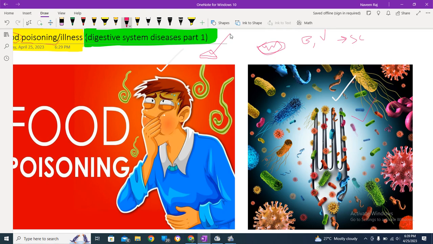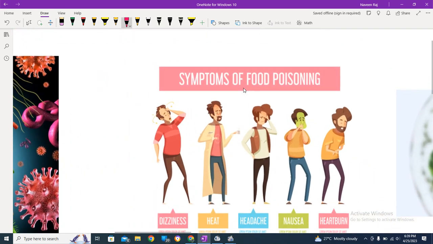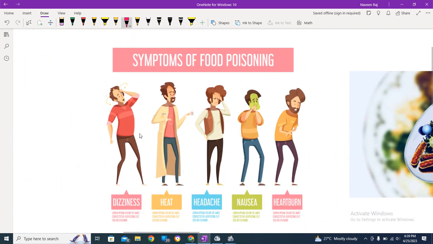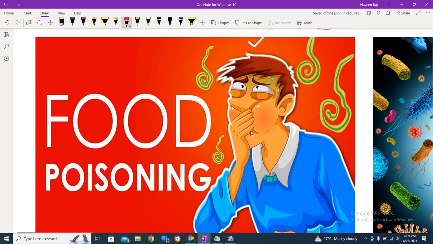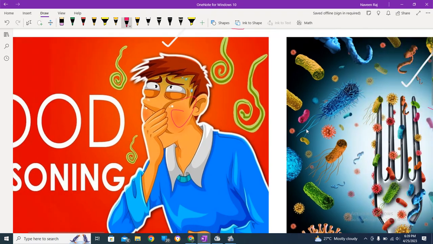Now we are looking into the treatment and the symptoms as well. Let's move forward to the diagrams. Here we have some symptoms for you. We will feel dizziness, some headache and dizziness. Our body will heat up, and you can see that this man is heating up here.